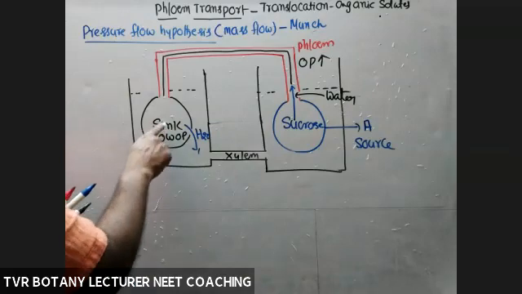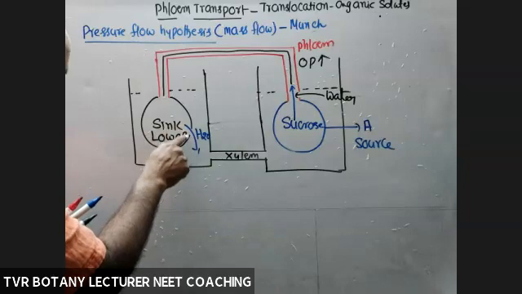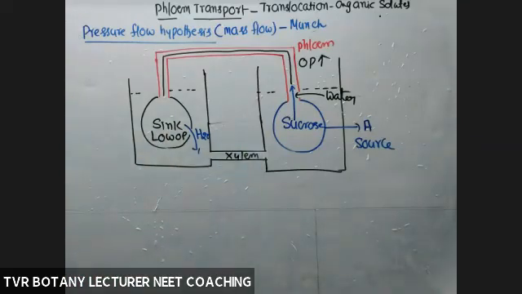So once sucrose is vacated from the sink, the water is coming back to xylem to run the reaction again and again.